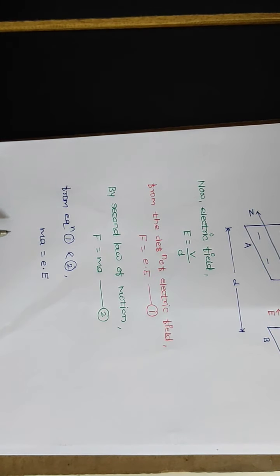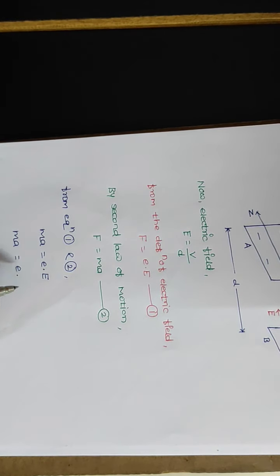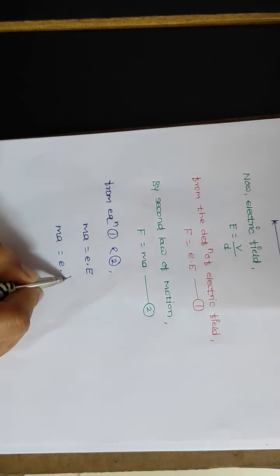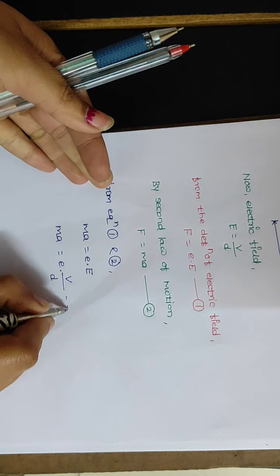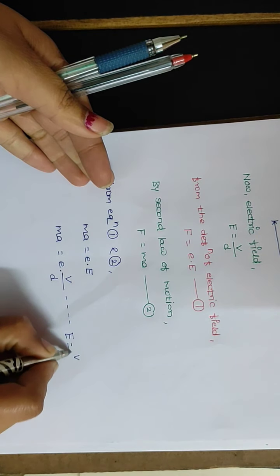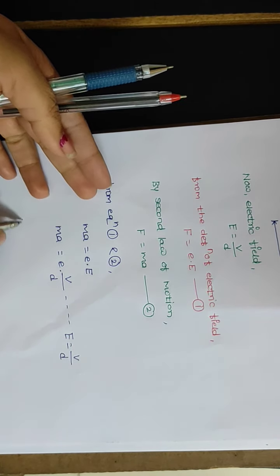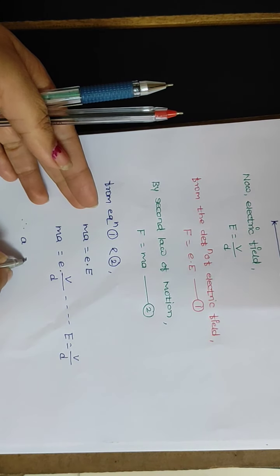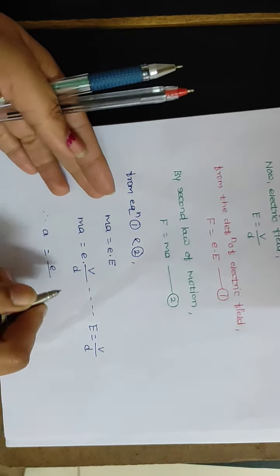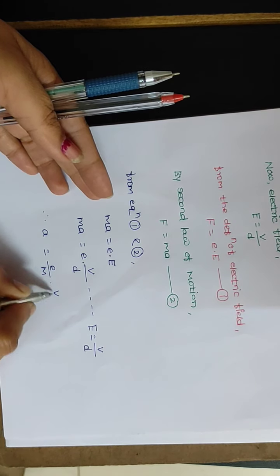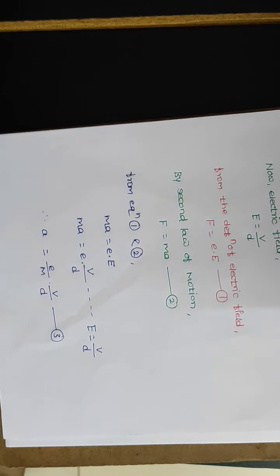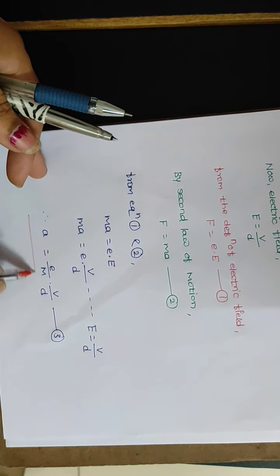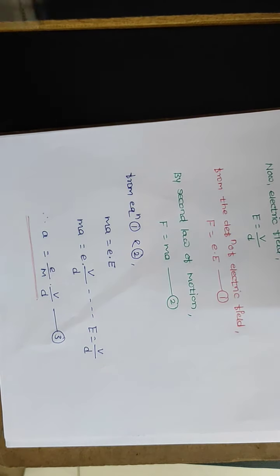So we get m a is equal to e into V divided by d. Therefore acceleration a is equal to e divided by m into V divided by d. This is equation number 3. So this is the acceleration. Understood?